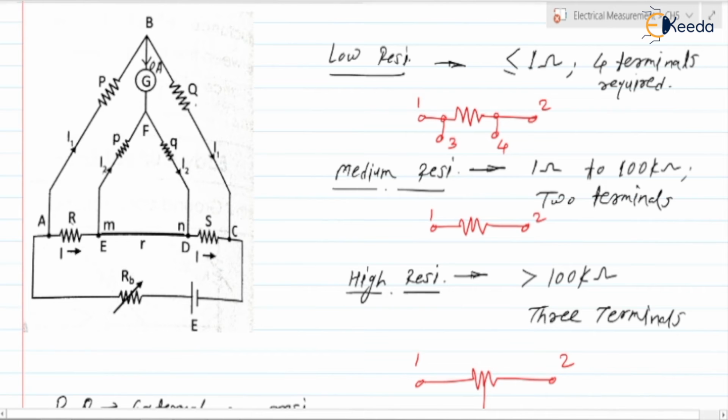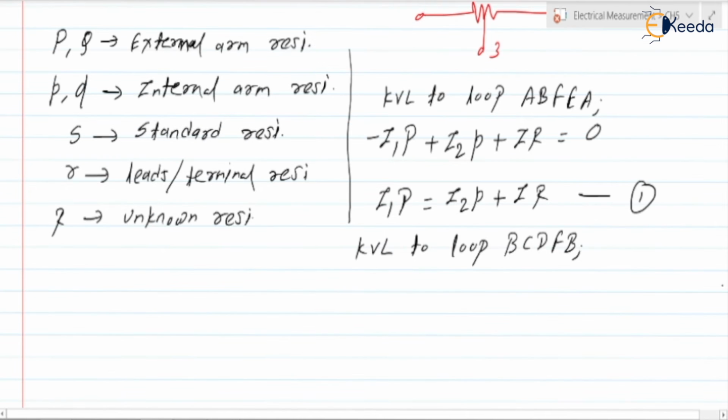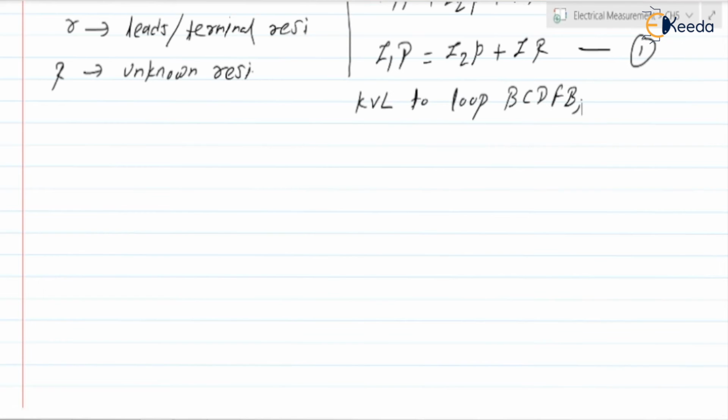So KVL will be minus I1 into Q plus I into S plus I2 into small q is equal to 0.